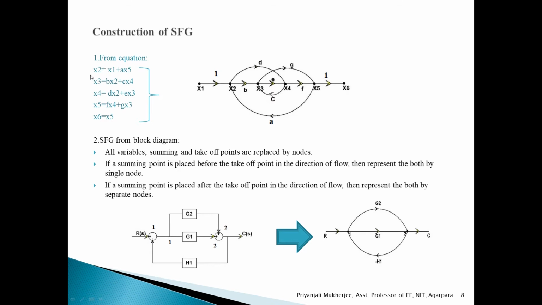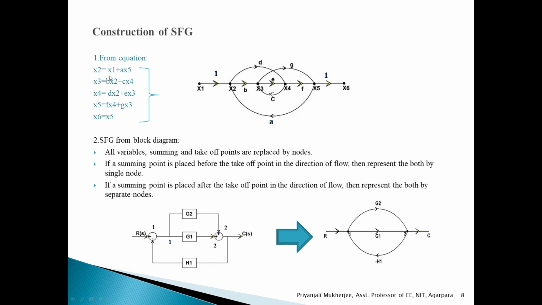The incoming branches are denoted on the left hand side. This equation means in x2 the incoming branches are x1 and x5, and here there is no incoming branch at the x1 node, so x1 can be taken as a source node, and for x6 there is no outgoing branch from x6, so x6 can be considered as the output node, and the nodes in between are x2, x3, x4 and x5.